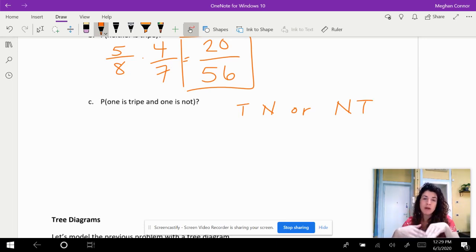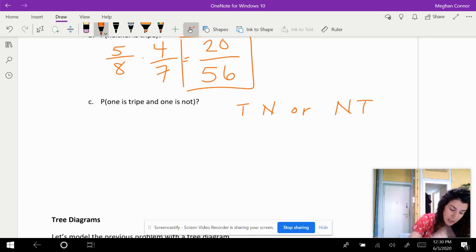So you need to find the probability of both of them, either or, and then add them together. So we're going to multiply to find the and piece, right? 1 tripe and 1 not tripe. And then since there's 2 situations, either this one or this one would fit that category, then we're going to add those 2 together.